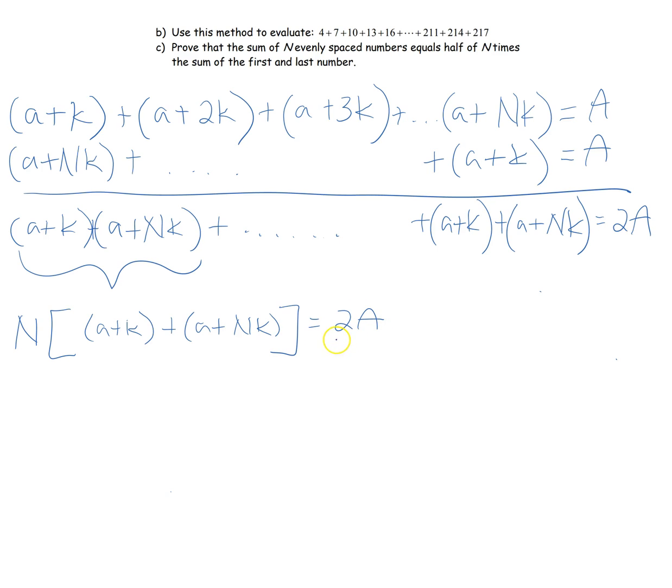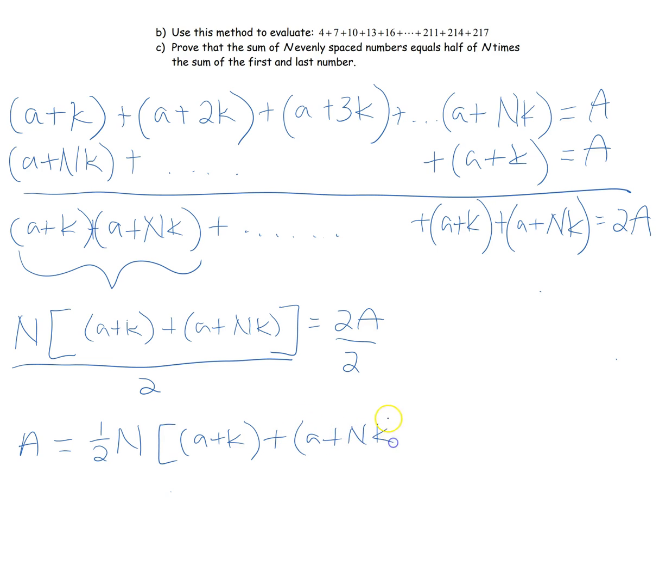So if we want to get our answer by itself, I'm going to divide both sides by 2. This gives us our answer. A is equal to this thing where we can take this dividing by 2 and express that as 1/2 times n. That's the same thing. And then we're still going to multiply this 1/2 n times a plus k plus a plus nk.